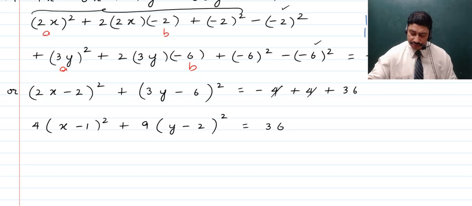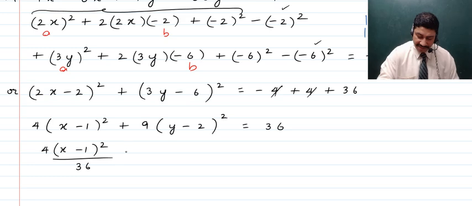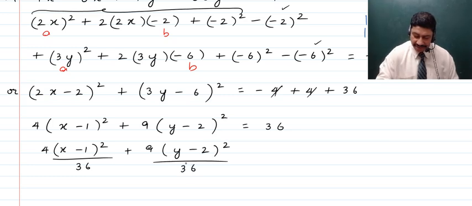Now next what you do is, you can put this in the denominator, so you will have x minus 1 whole square over 4 upon 36, plus you will have 9 times y minus 2 whole square, and in the denominator you have 36, and that becomes equal to 1.